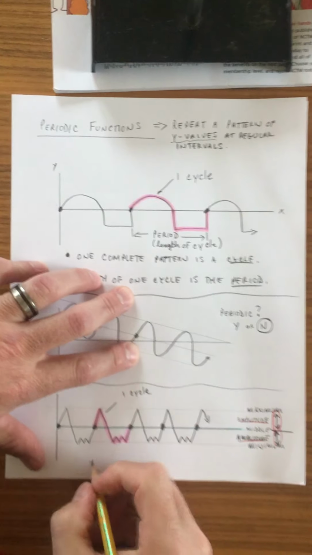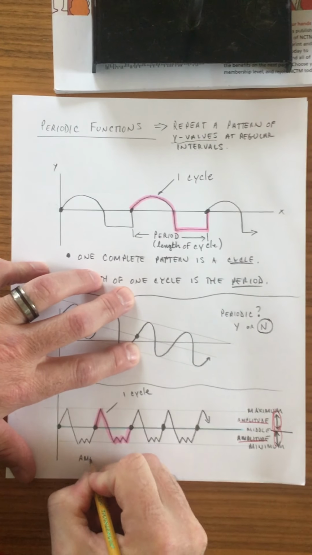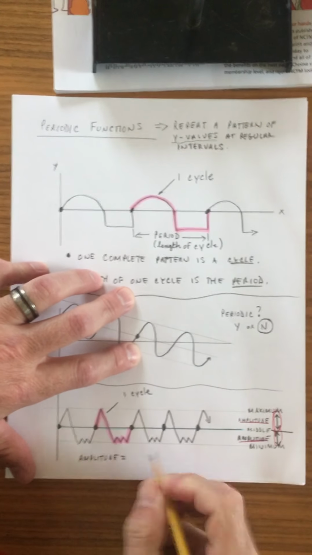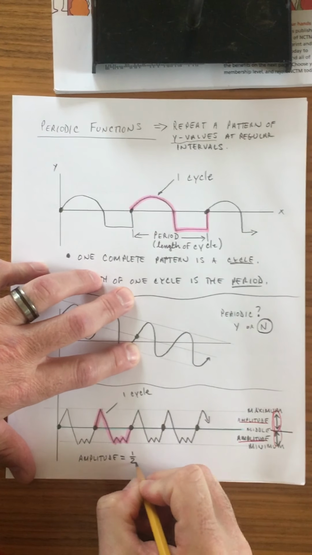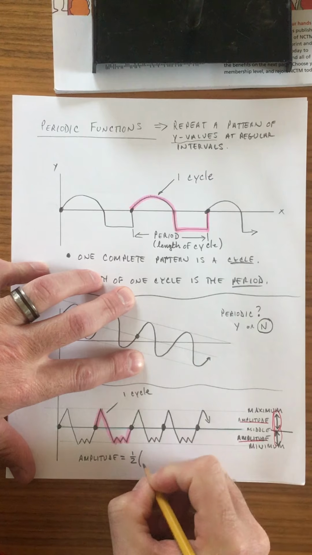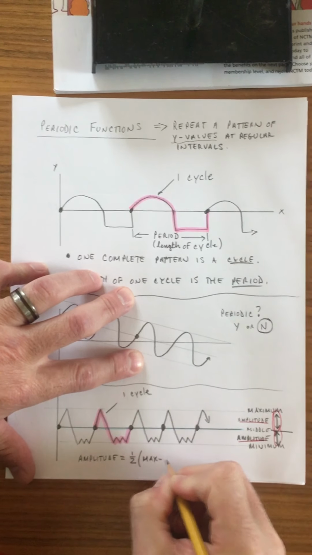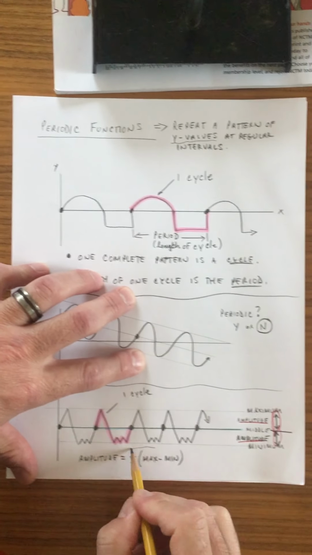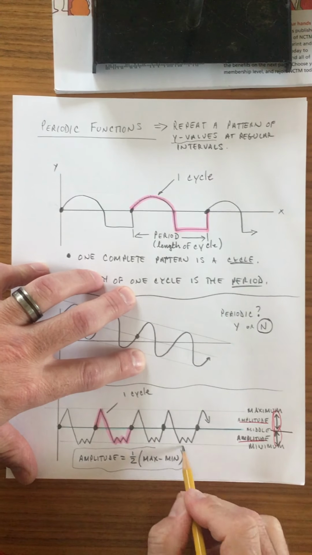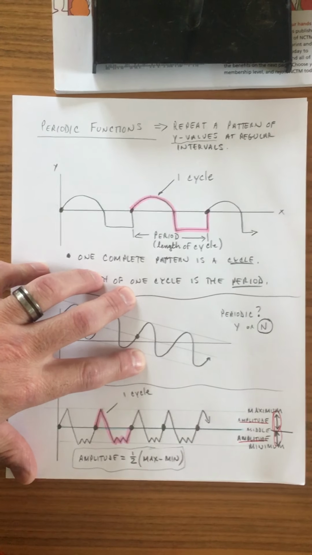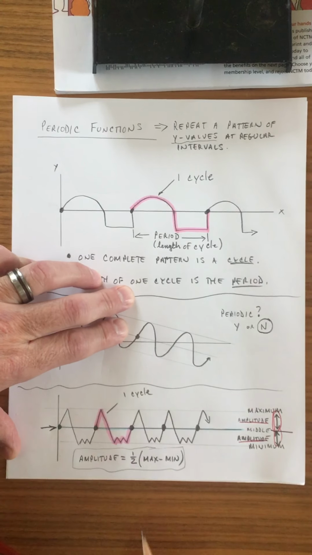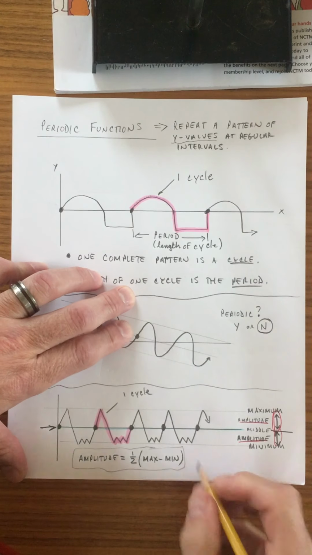And here's how you can calculate it. The amplitude is equal to 1/2 the max minus the min. So that's one thing to remember. Okay. Now, the other thing is, what is that value of the middle?